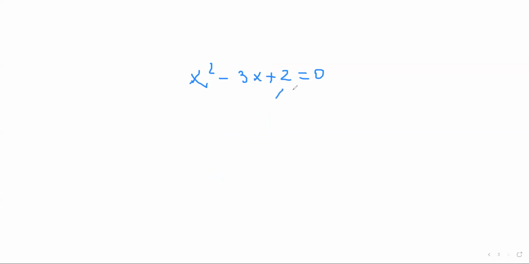Obviously these two numbers can be 2 and 1, because when we multiply them we get 2, and their sum, 2 plus 1, is equal to 3. You have to be sure that p here is minus 3, but we take negative p, so it's going to be 3.